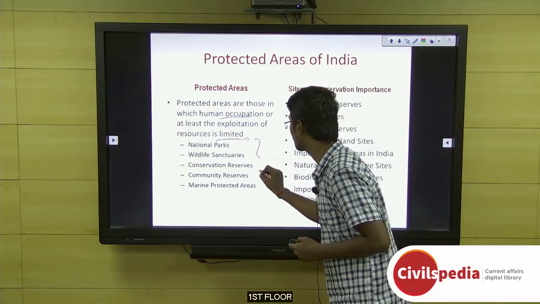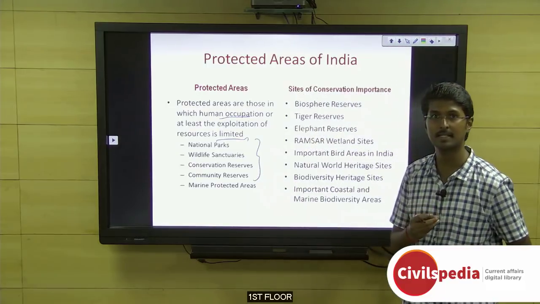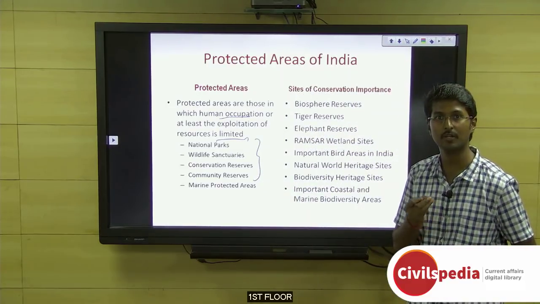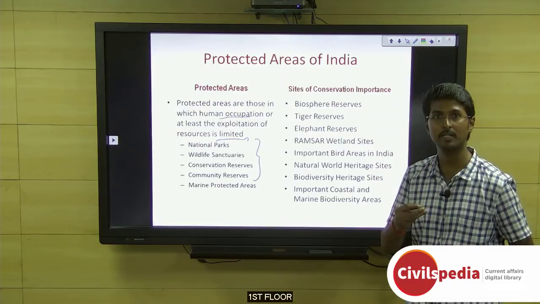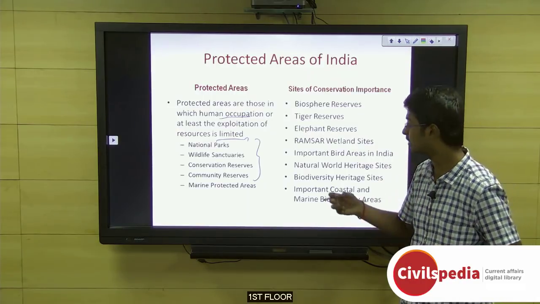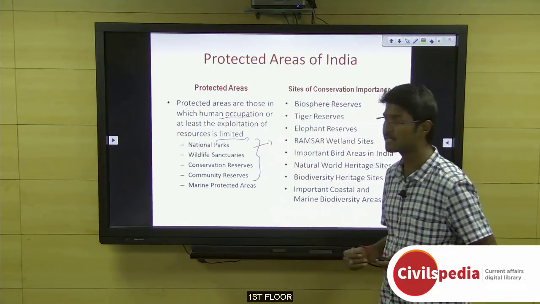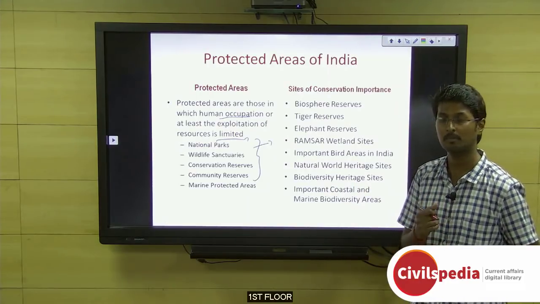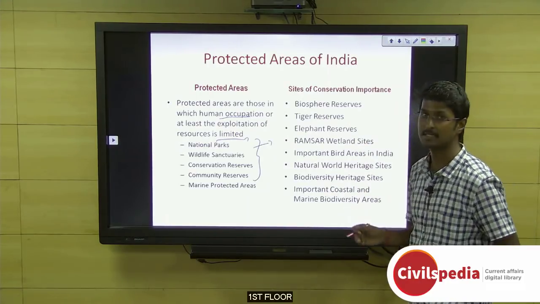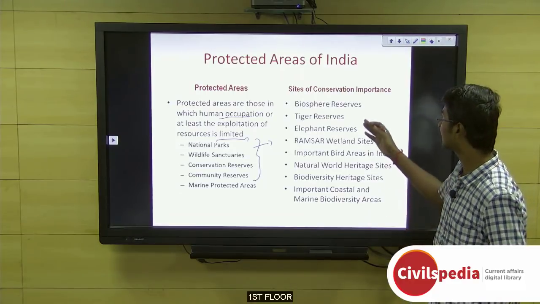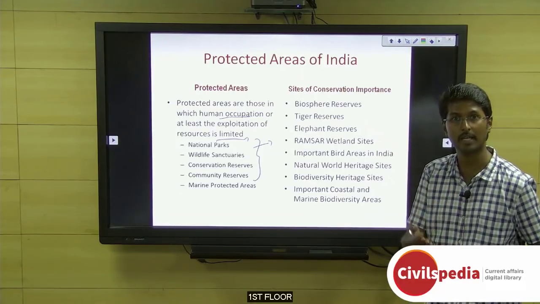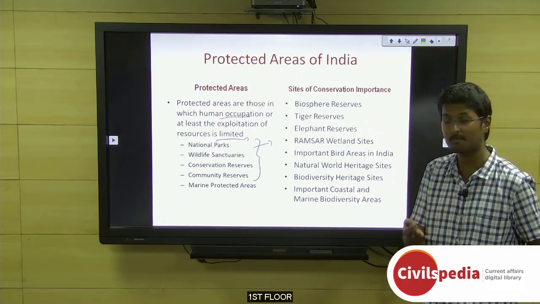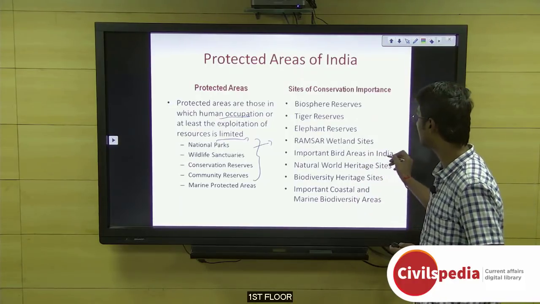These four have been listed under the Wildlife Protection Act of 1972, which gives definitions of what a national park, a wildlife sanctuary, a conservation reserve or a community reserve is. Sites of conservation importance can be biosphere reserves, tiger reserves, Ramsar wetland sites and important bird areas.